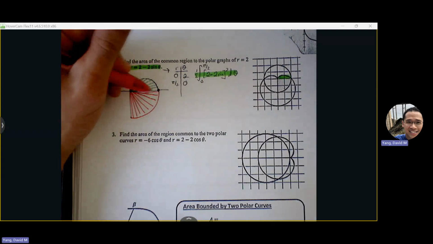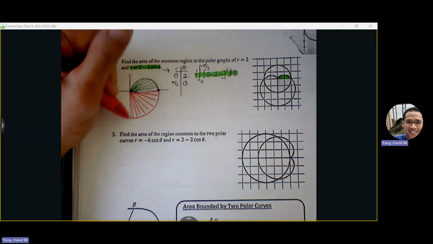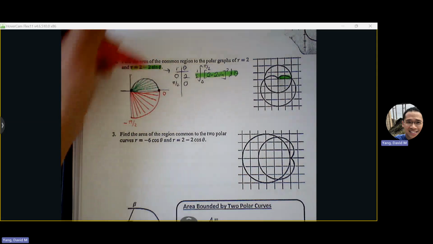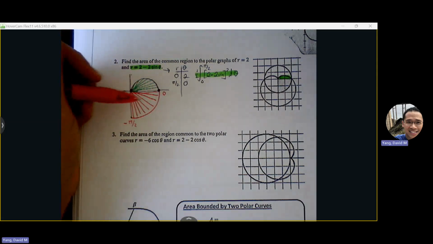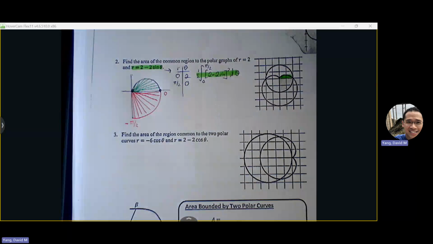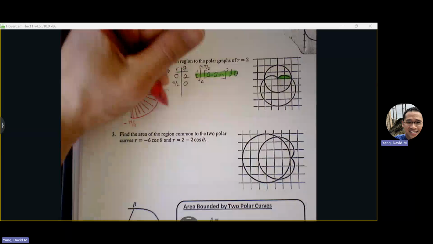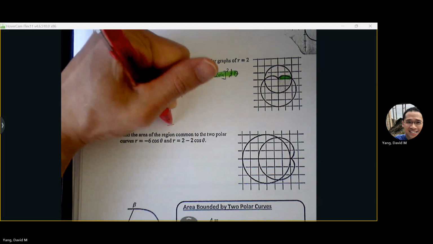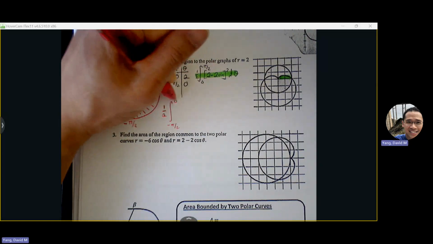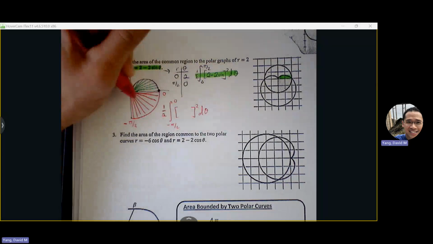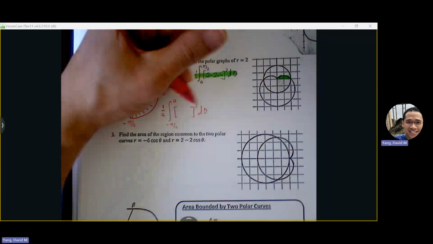So if I want to go in the negative region, I can say negative pi over 2 to 0 for this region, but again, you can just as easily say from 3 pi over 2 to 2 pi. That region is going to be one half integral from negative pi over 2 to 0 of r squared d theta, where r is 2.